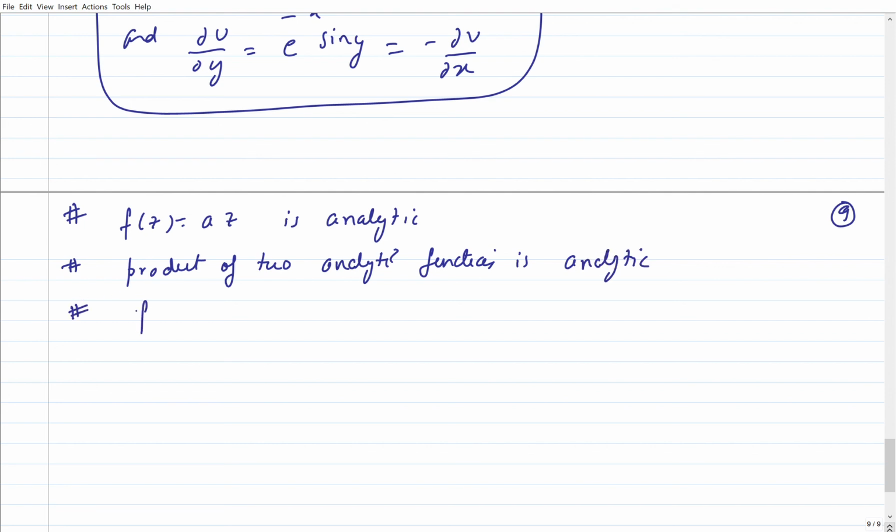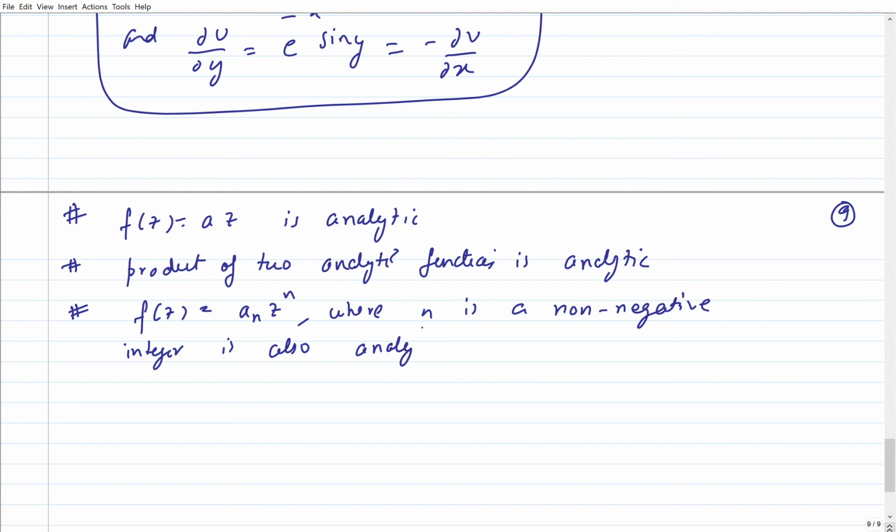Also, a function of the form a_n z^n, where n is a non-negative integer, is also analytic.